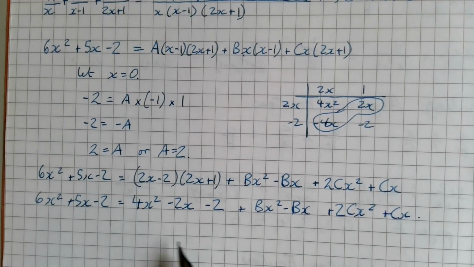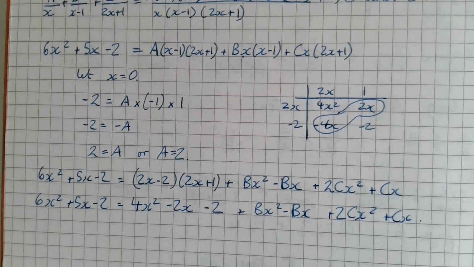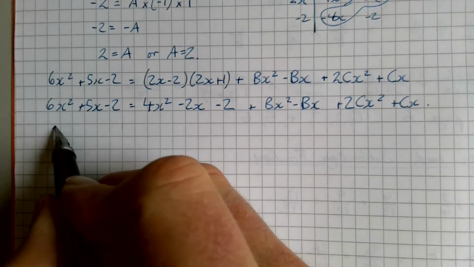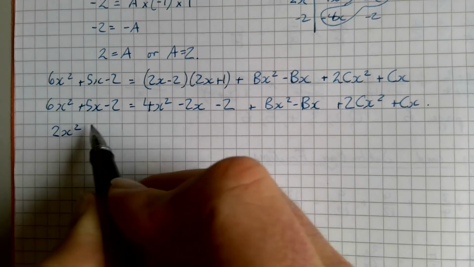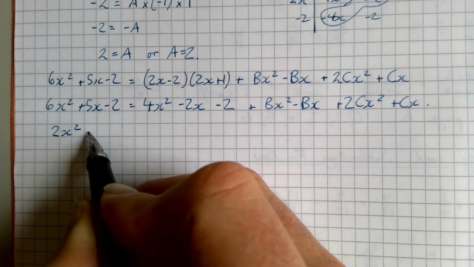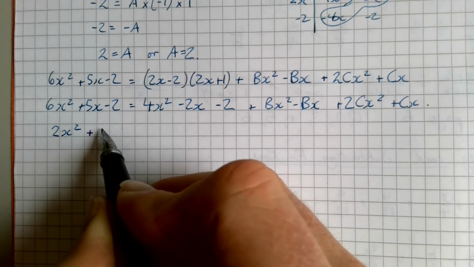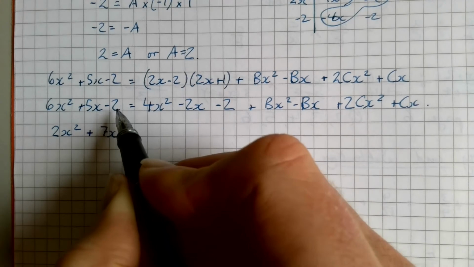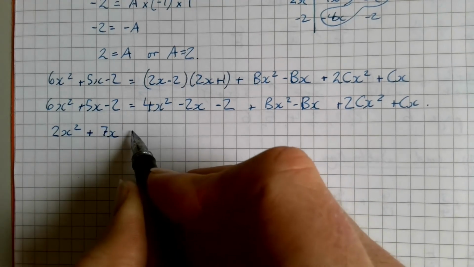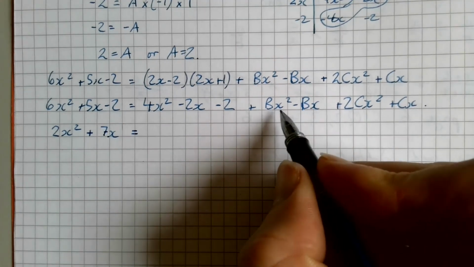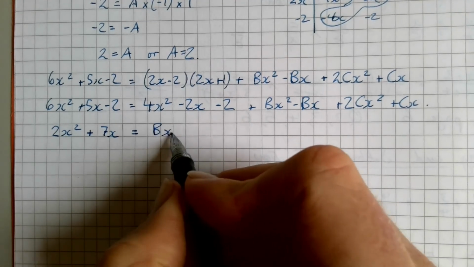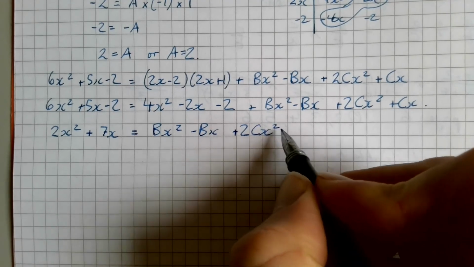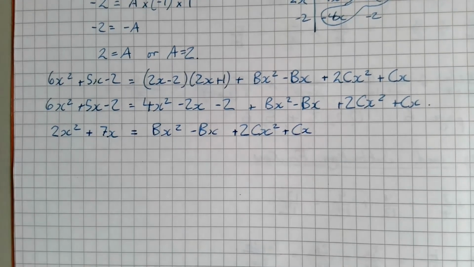I can clean this up a little by taking the 4x squared from both sides, gives me 2x squared, add 2x to both sides gives me plus 7x, add 2 to both sides gives me nothing there, and that's therefore going to be equal to bx squared minus bx plus 2cx squared plus cx.